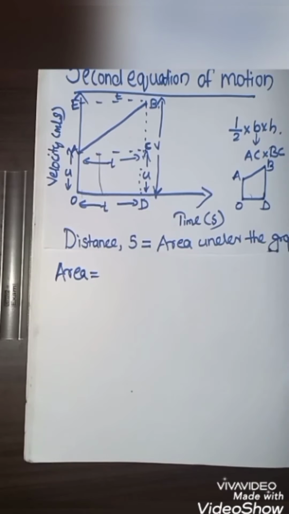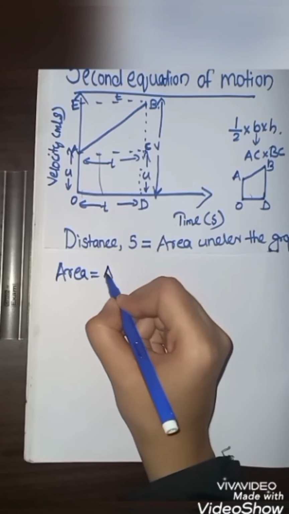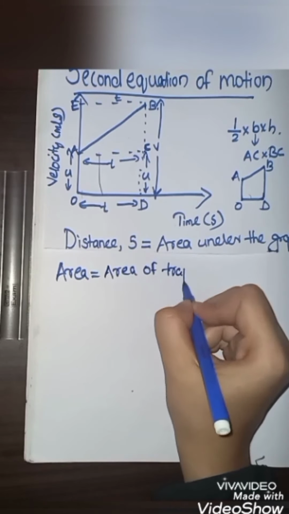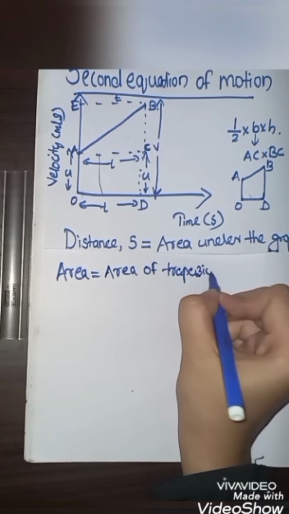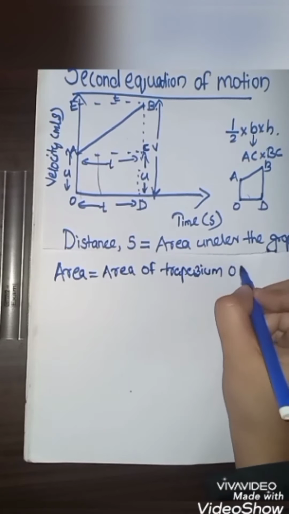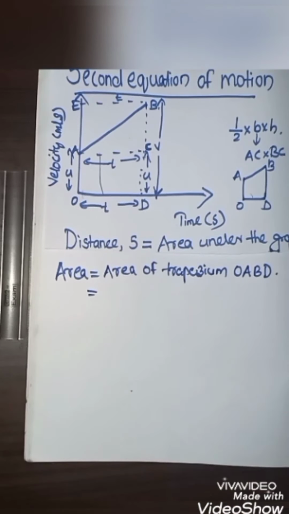What is this shape called? That is the trapezium. How can we calculate the area of a trapezium? The area under the graph is equal to the area of trapezium OABD. Therefore, what is the area of a trapezium?